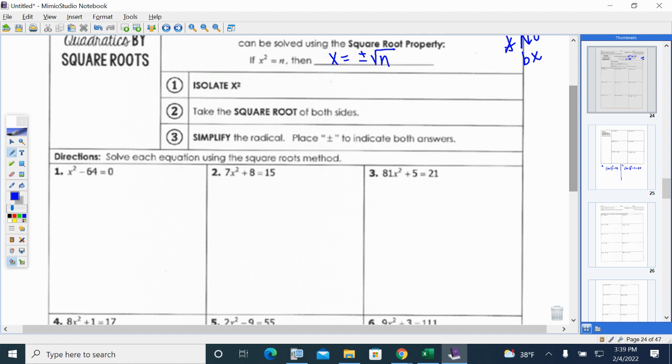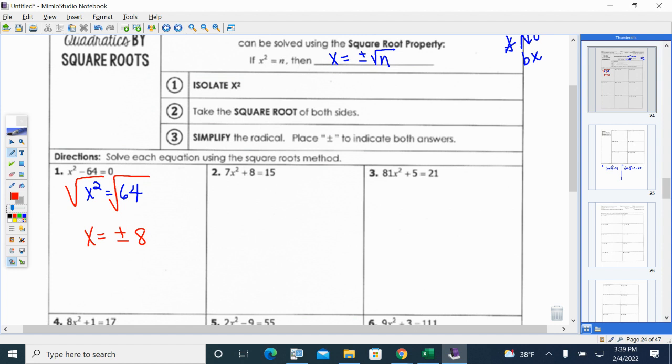So we're going to isolate the x squared, which means we're going to add the 64 to both sides. So we'll get x squared is equal to 64. From here, we're going to square root both sides of the equation. When you square root a square, it leaves you with just x, and the square root of 64 is 8, and we end up with a positive and a negative 8.